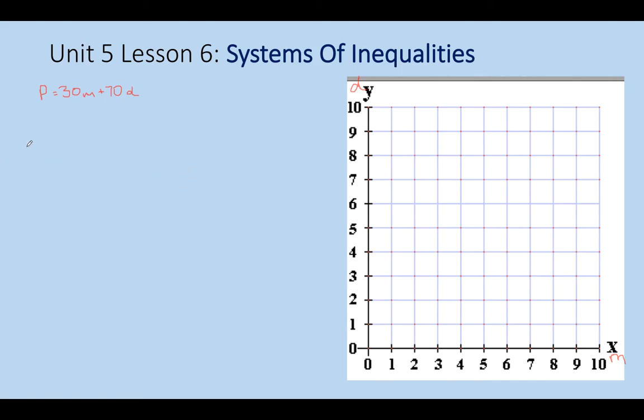All right, so what do we know about our MP3 players? We know that M had to be greater than or equal to 10, but also less than or equal to 50. We knew that the DVD players had to be less than or equal to 60, and that the MP3 players had to be less than or equal to the DVD players.